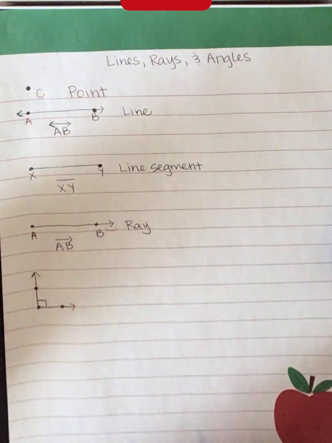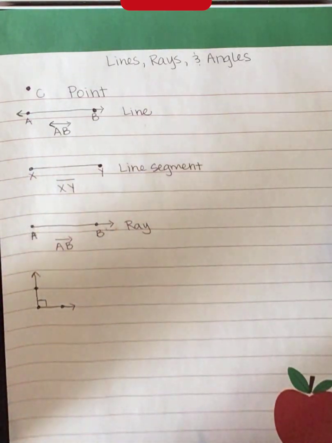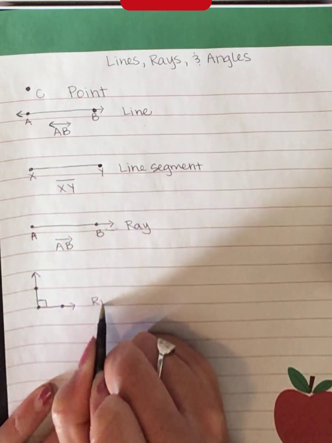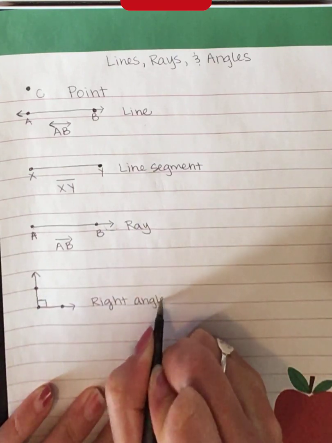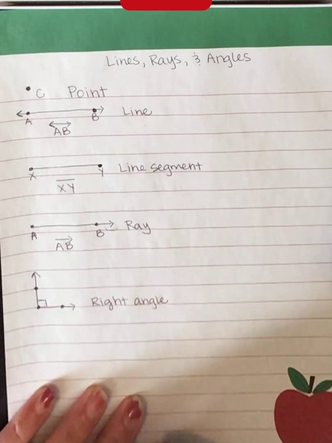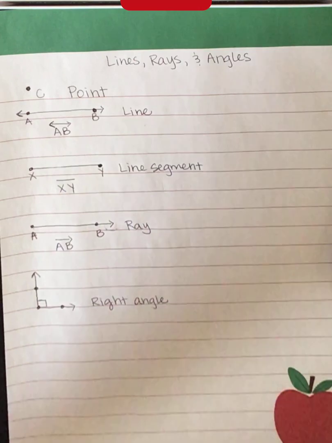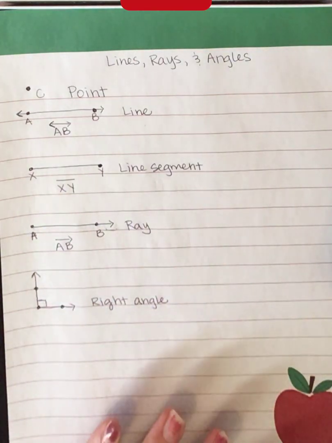It's the angle that you find four of them in a square. You'd find four of them in a rectangle. This is a right angle. Okay, I think of this one as just kind of, it makes the corner of a square. That's how you can remember a right angle. Makes the corner of a square.